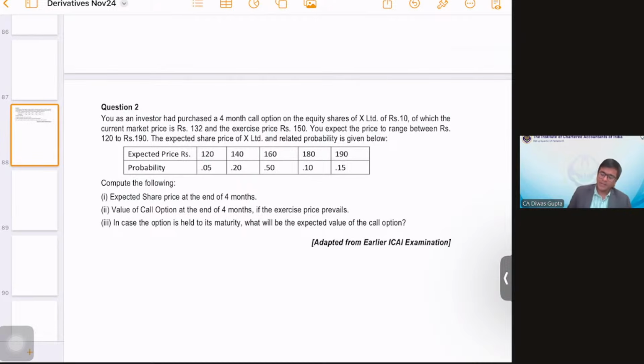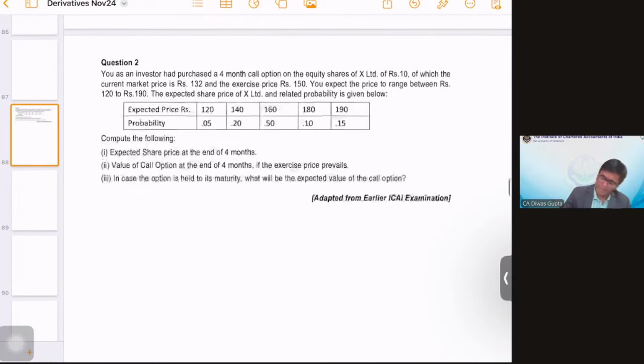You, as an investor, had purchased a 4-month call option on the equity shares of X Limited of rupees 10, of which the current market price is 132 and the exercise price is 150, students.